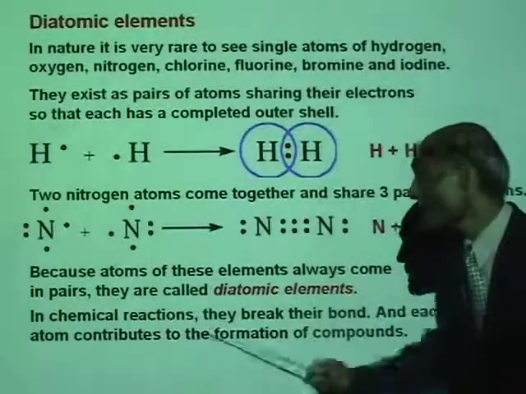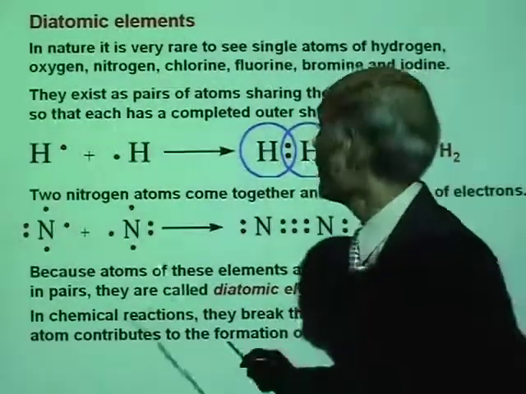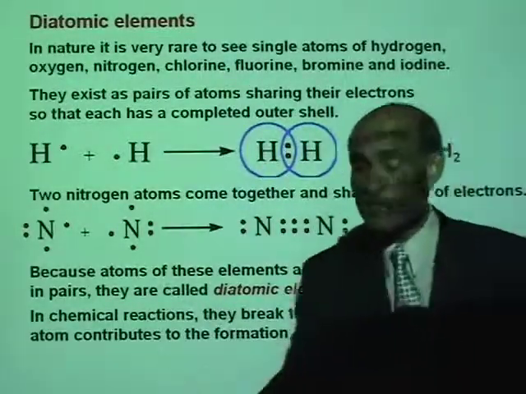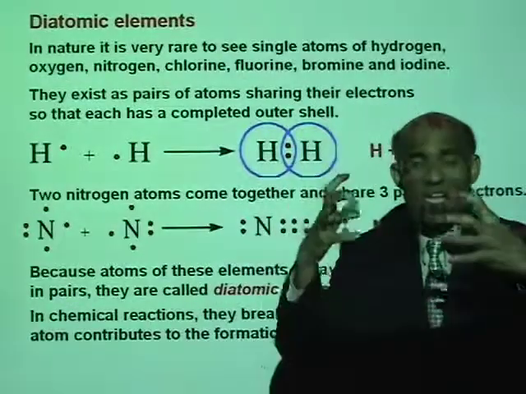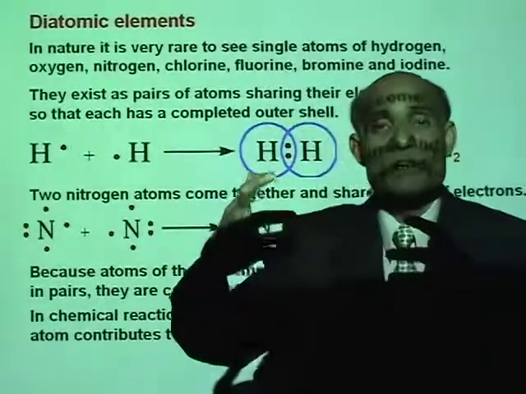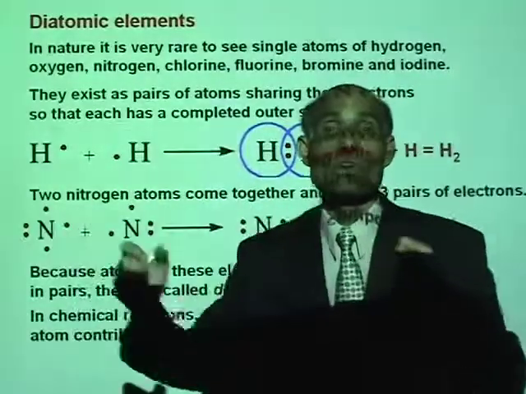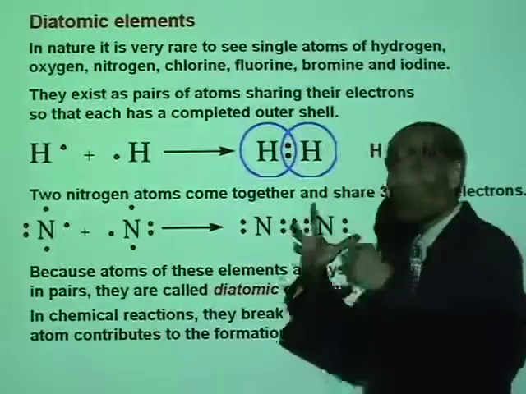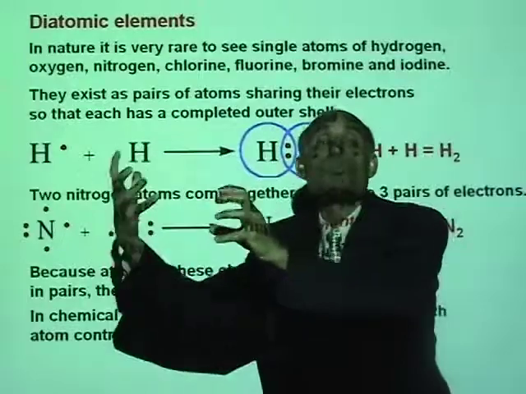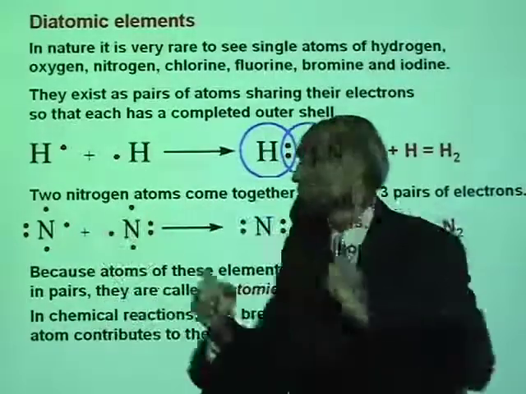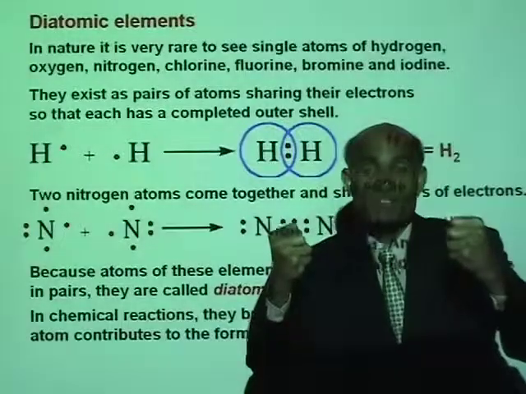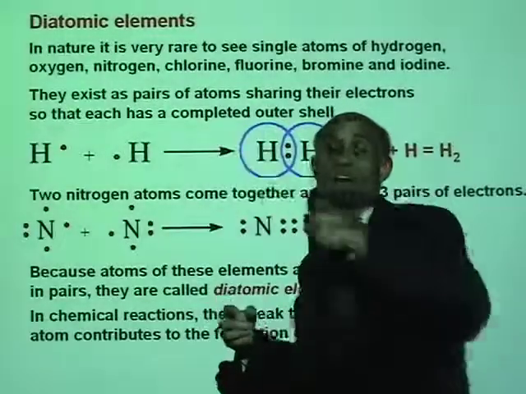Now, in chemical reactions, when hydrogen, nitrogen, chlorine, fluorine, bromine, and so on, which are diatomic molecules, want to enter into chemical reactions with other elements, first of all, these bonds need to be broken so that they can form new bonds with other elements. So, in chemical reactions, they break these bonds first and then new bonds are formed.